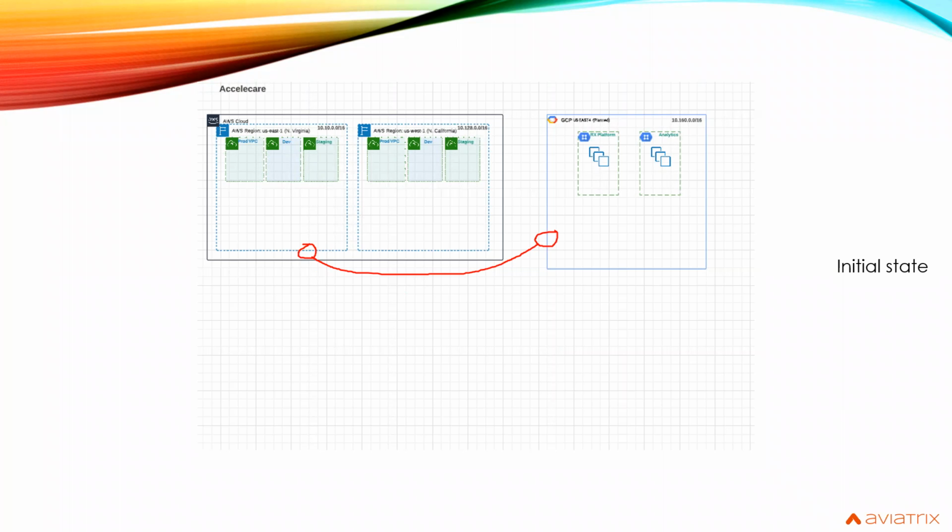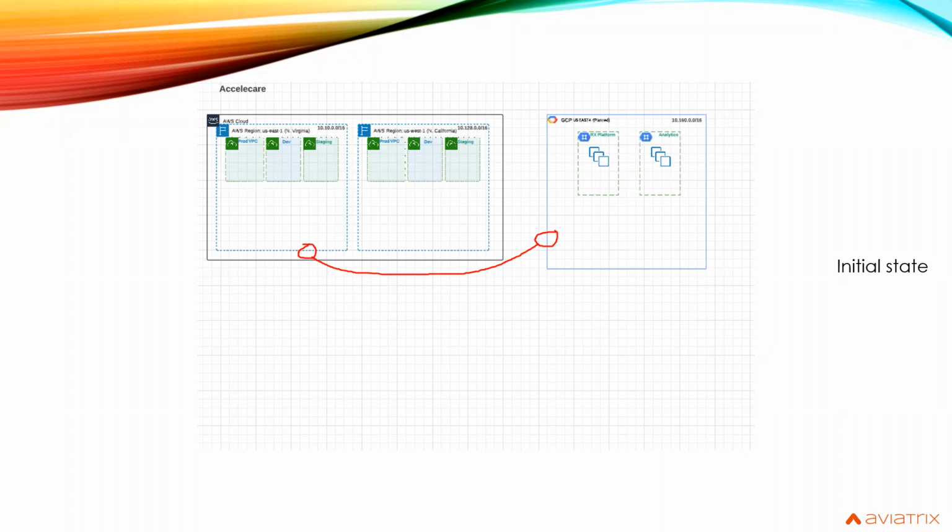Okay, so that's what they have today. So that also meets the requirements of having the connectivity that they're looking for from east to west. So what I'm trying to say is there are two ways to look at it. If they have a transit gateway existing now, we can set up a VPN on that transit gateway and connect it to the GCP itself.